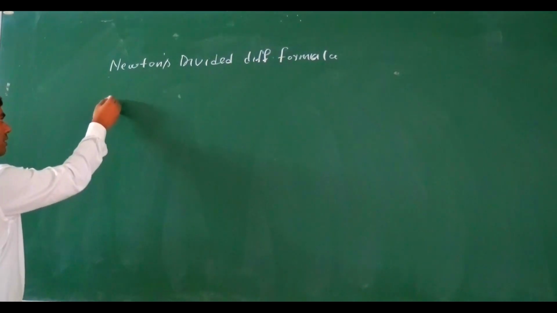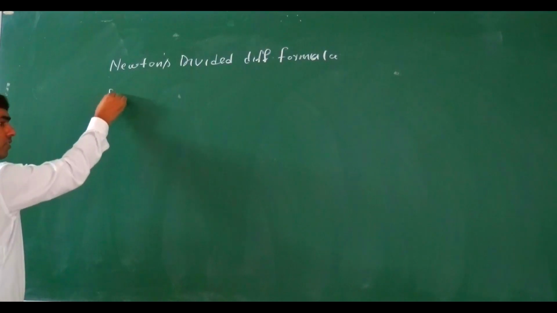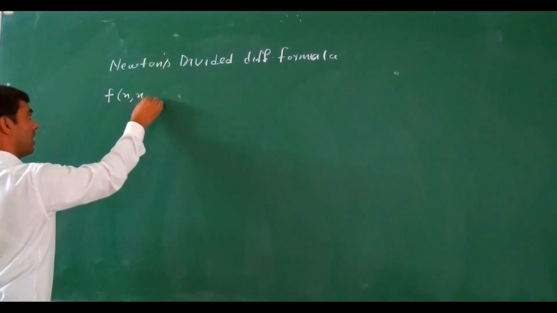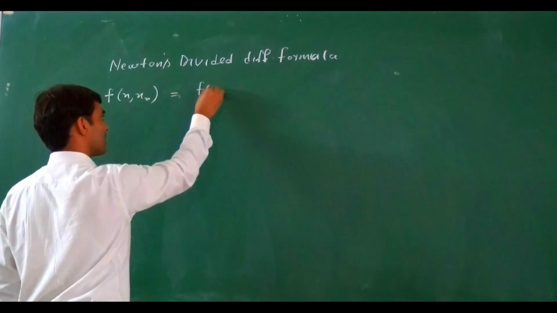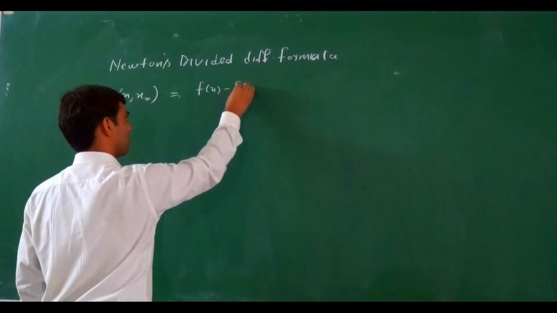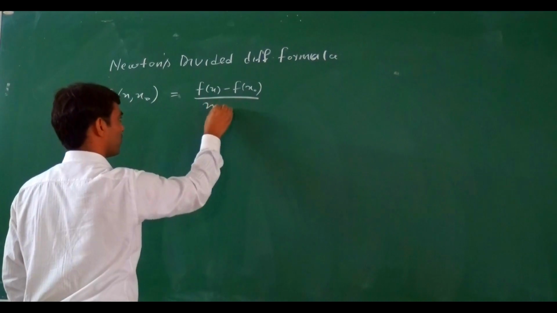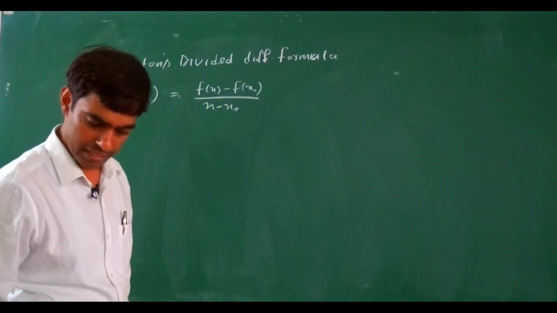We know that by the definition of a divided difference, f of x, x0 is f of x minus f of x0 divided by x minus x0, by the definition of a divided difference.